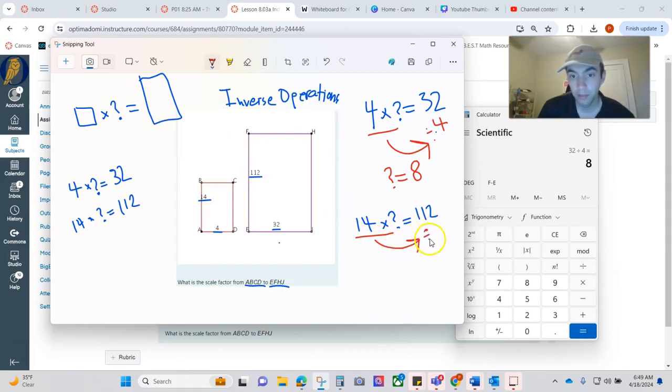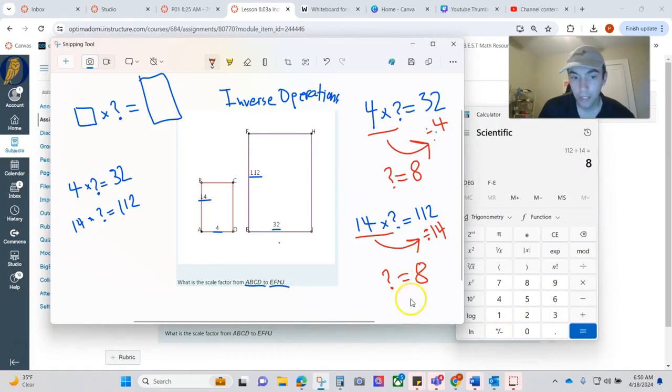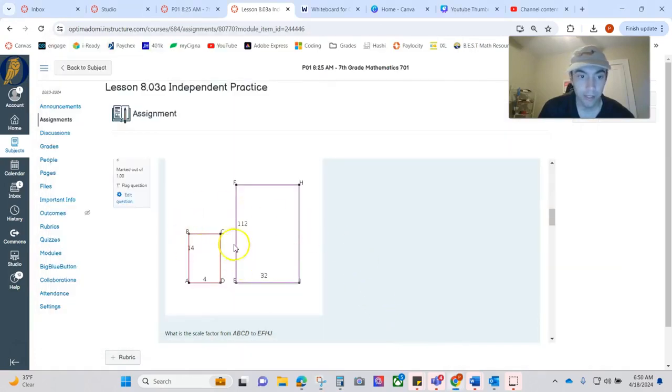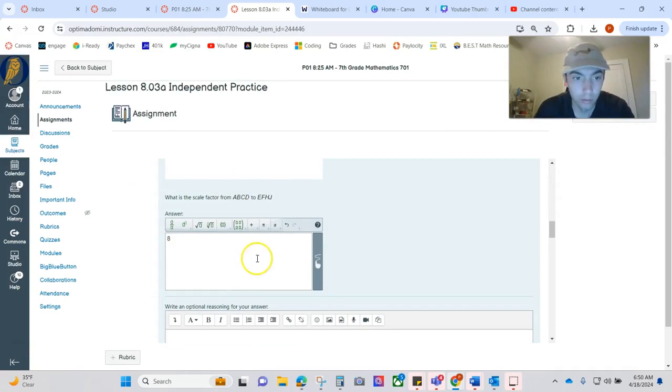So instead of timesing by 14, I will divide by 14. 112 divided by 14 should give me 8. Looks like 8 is my scale factor. I times this rectangle by 8, scale it up 8 times to get the purple rectangle. 8.